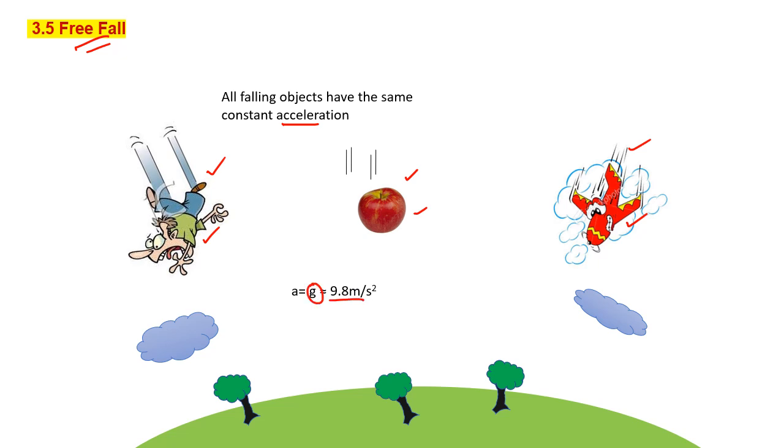We write it as g. So g is the acceleration due to gravity, towards the center of the gravity. Everything is accelerated. The value is 9.8 meter per second square.